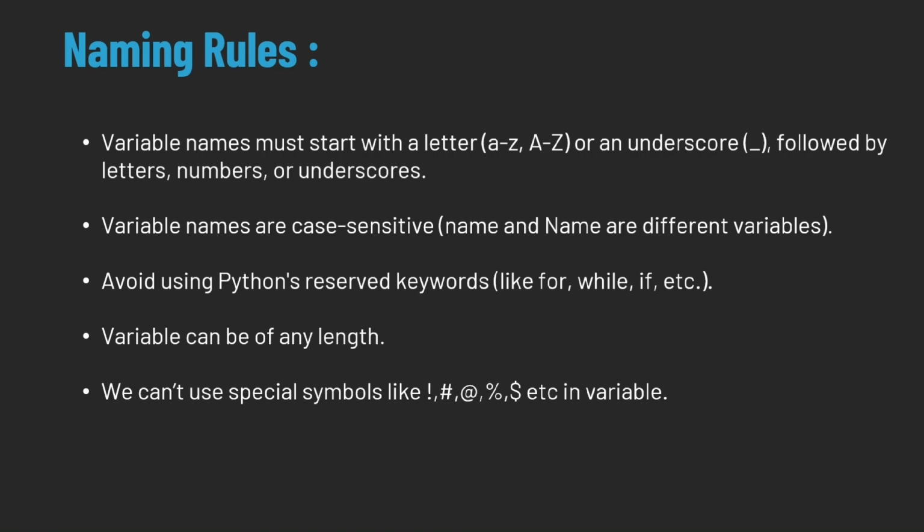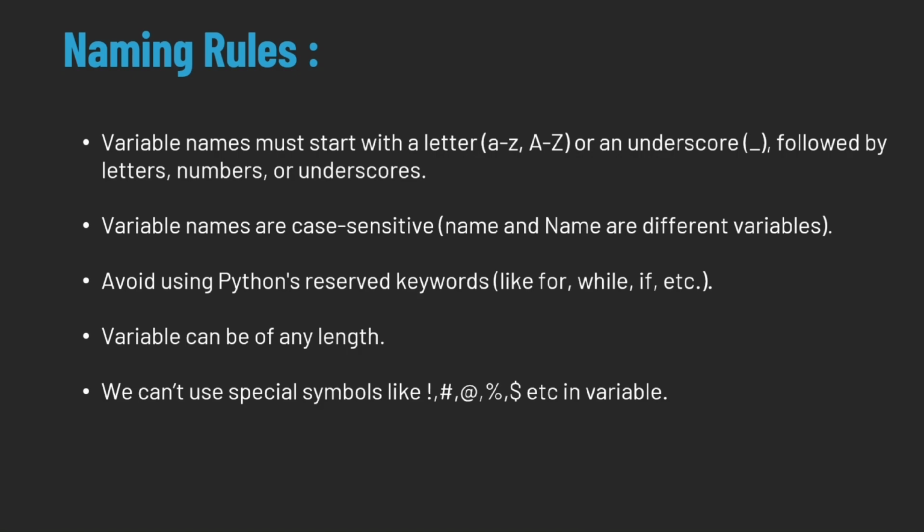Second, case sensitivity. Be careful. Python treats variable names as case sensitive. For example, name with a small n and Name with a capital N are different variables. Third, avoid reserved keywords. Some words like for, while, if, etc. have special meanings in Python.